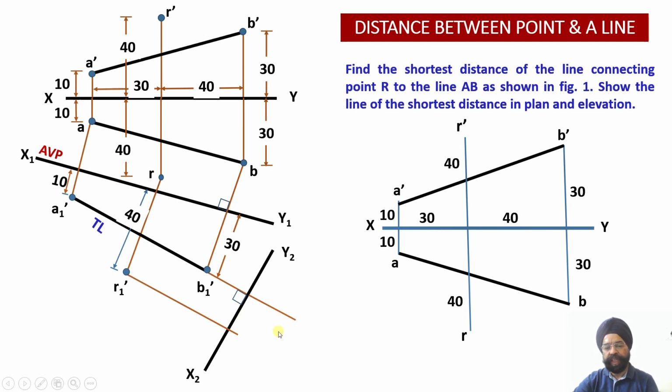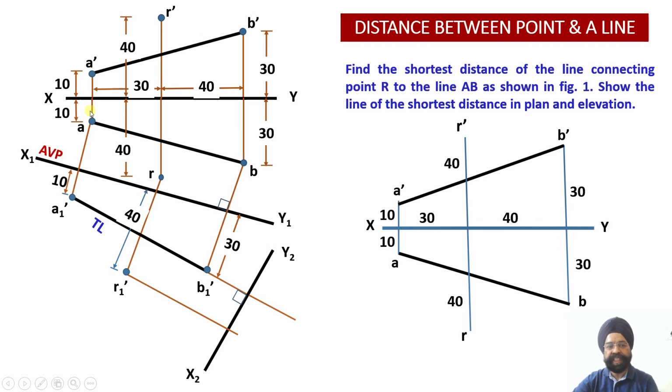In order to determine the auxiliary plan, I need to work out the distances of the plan, that is A, B and R, from this AVP, which is our intermediate reference plane. So x1 y1 is our new intermediate reference plane.